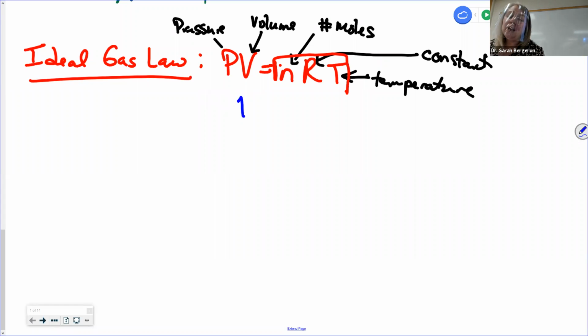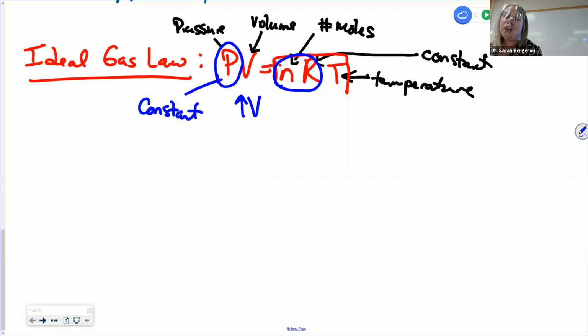So what if I increase volume, but I tell you to hold pressure constant? So number of moles or temperature could go up, right? Let's say we're going to hold moles and R constant. So what would have to go up?